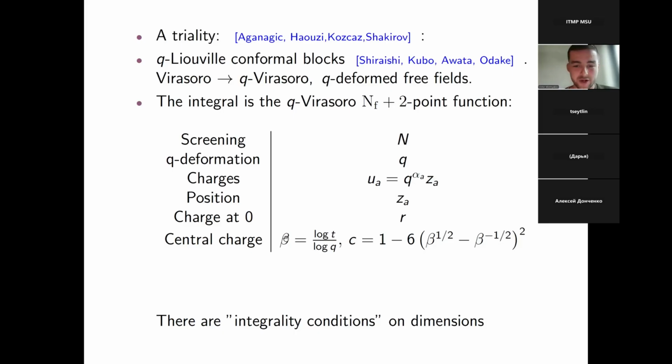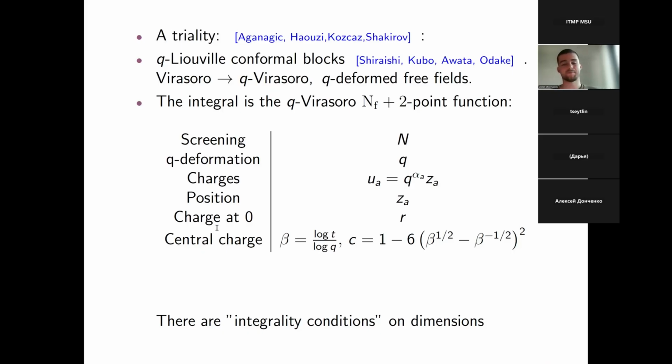So alpha I are the charges, and then r is the charge of the field at 0. And the central charge of this theory is expressed via something called beta, which refers to the beta in beta ensembles. In general, this beta is just a ratio of log t over log q, and the central charge is expressed in terms of this.